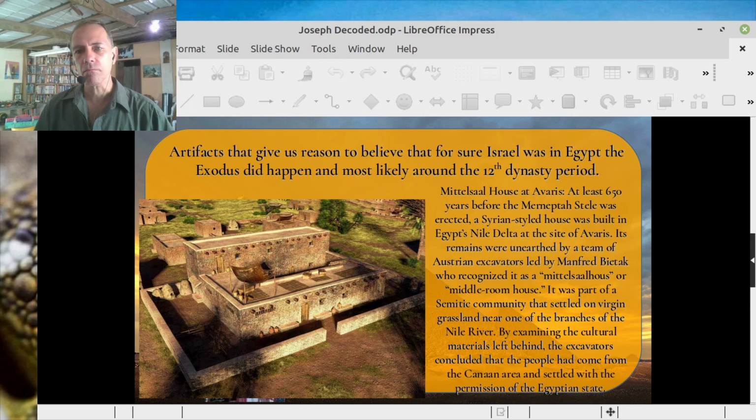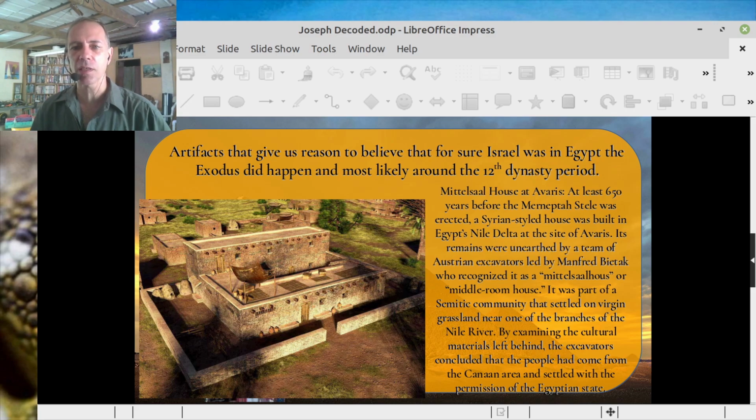Another one, the Mittelsaal house at Avaris. At least 650 years before the Merneptah stela was erected, a Syrian-style house was built in the Egyptian Nile Delta at the site of Avaris. Its remains were unearthed by a team of Austrian excavators led by Manfred Bietak, who recognized it as a Mittelsaal house, or middle room house.